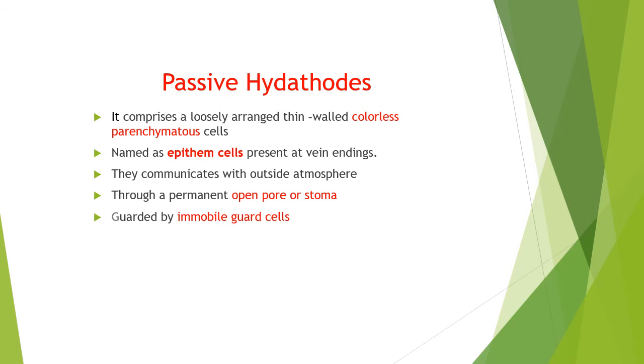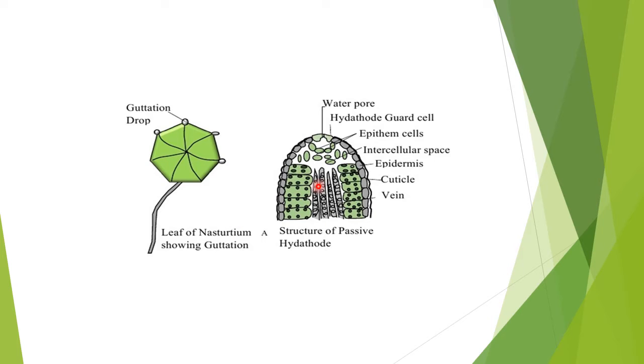So actually, suppose this is the structure, you have a cuticle here also, but here are these guard cells which are immobile, and this is the pore. Below the pore is a cavity which is always water filled. There are loose cells. These loose cells are called the epithem cells, which have intercellular spaces between them. These are present at the vein endings, or xylem endings.